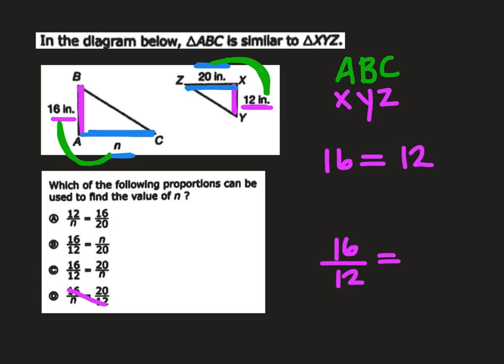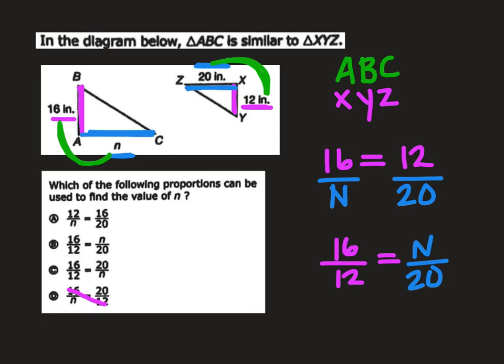When I place those in my diagram over here, 16 and N need to be matched up, 20 and 12 need to be matched up. If I want to do it up and down, 16 and N need to be matched up, and then sideways 20 and 12 need to be matched up.